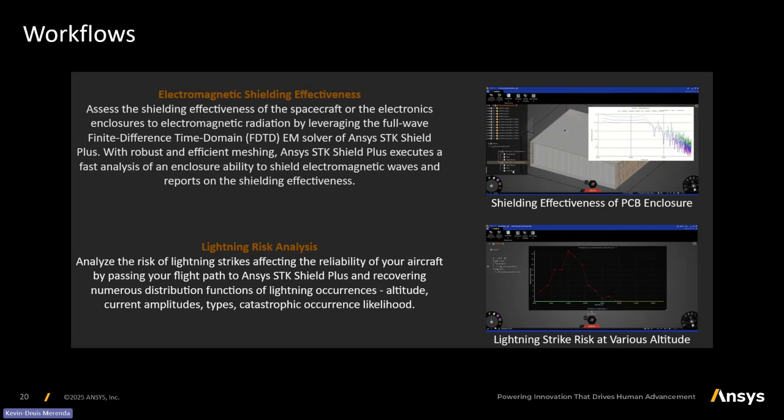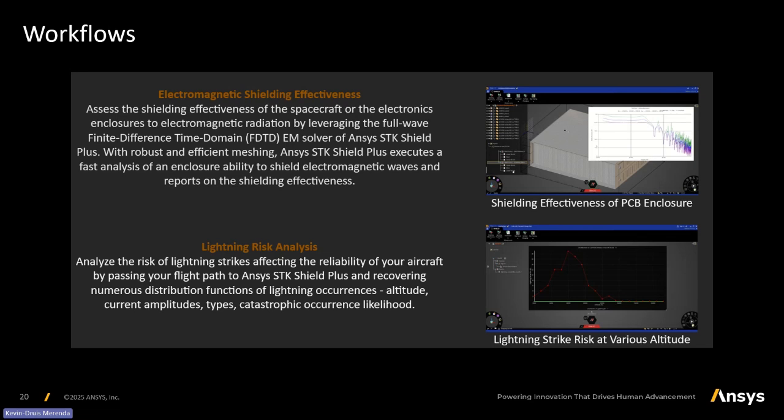Lightning risk analysis. Here we have a lot of knowledge at EMA on lightning risk, and we have shaped that into a tool to help us extract information on what the lightning risk is at various altitudes of an aircraft path, or also various locations along the Earth.